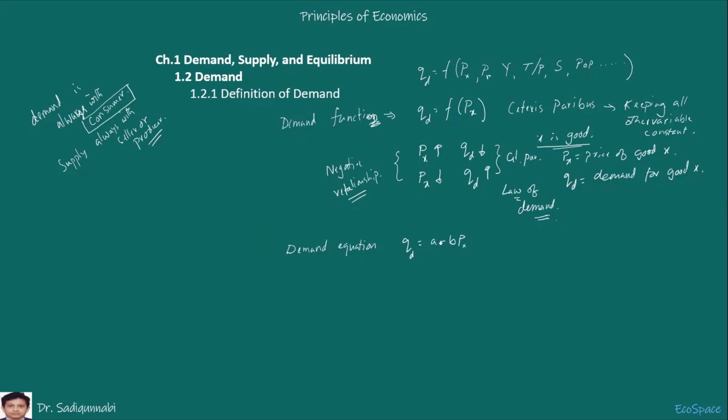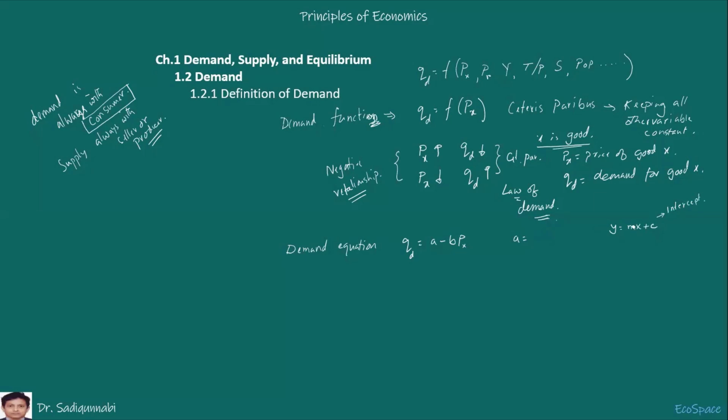So what is A? Compare with your intermediate knowledge about a straight line. Compare Y equals mx plus C. What is C? Constant, intercept.